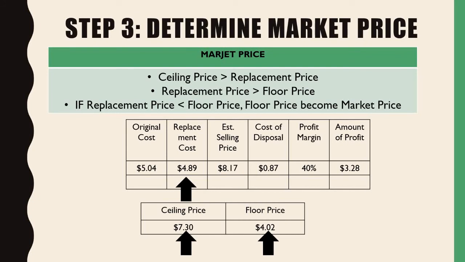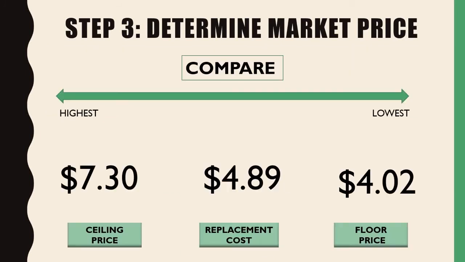Okay, so let's take a look at this one more time. We're trying to solve for the market price, right? We're going to compare three numbers: the replacement cost, the ceiling price, and the floor. The next step is we're going to place them on the number line, whether you put it highest to lowest or lowest to highest.